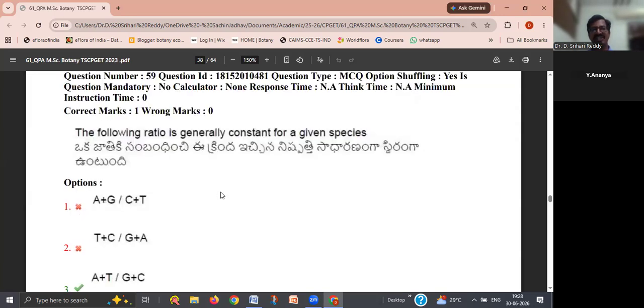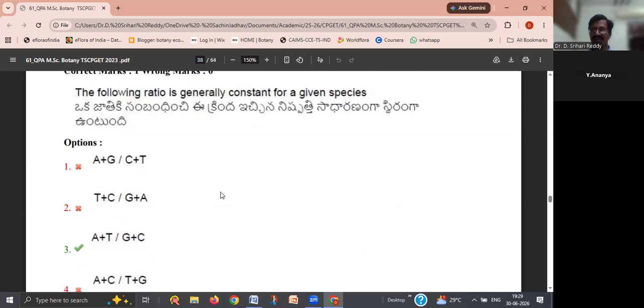Next, the following ratio is generally constant for a given species. This is also related to DNA, the ratio of the nitrogen bases they are asking. So here A plus T and G plus C. So this is constant. As per the Chargaff rule, the number of pyrimidines is equal to the number of purines in any DNA.